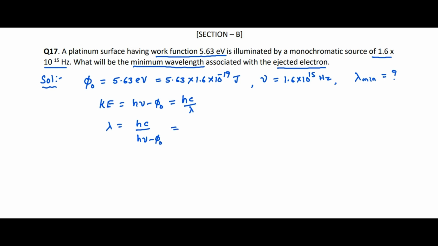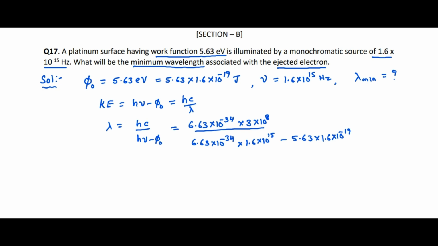That is, h value is 6.63 into 10 power minus 34 and c is 3 into 10 power 8, divided by 6.63 into 10 power minus 34 times frequency value 1.6 into 10 power 15, minus work function 5.63 into 1.6 into 10 power minus 19.